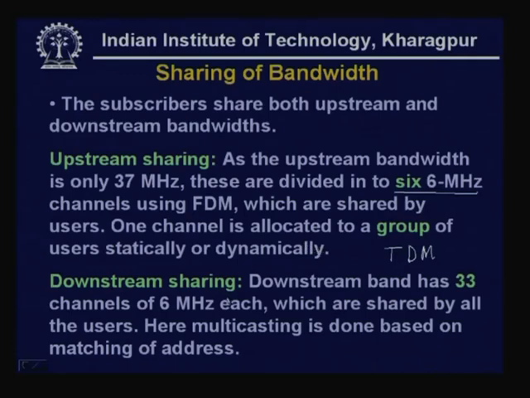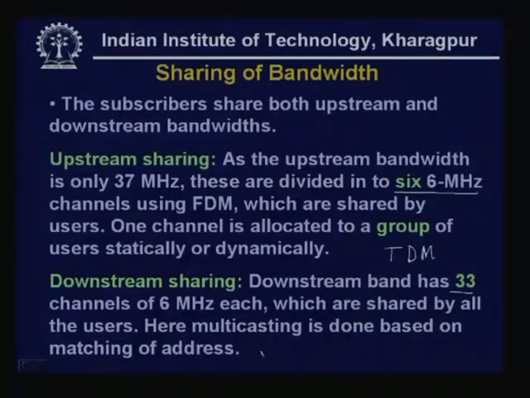Then the downstream sharing is also done, because you have only 33 channels, each of 6 megahertz bandwidth, and these are shared by all the users. Of course, here contention is not required. It is essentially multicasting. The signal is coming from the network, maybe through optical fiber cable, then it is distributed over a large number of users, and based on the address the signal is diverted.